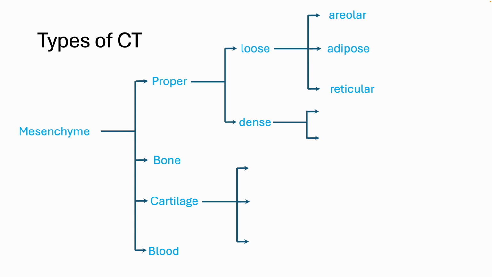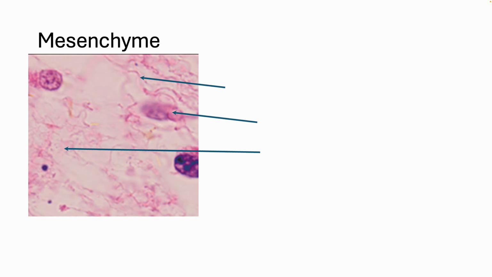Loose connective tissue can be referred to as areolar, adipose, or reticular, while the dense connective tissue can be either regular or irregular. Cartilage is also broken up into other categories. So we have hyaline cartilage, elastic cartilage, and fibrocartilage.